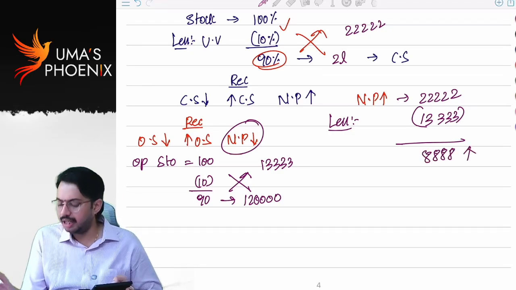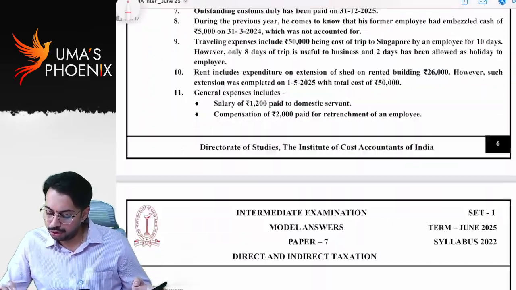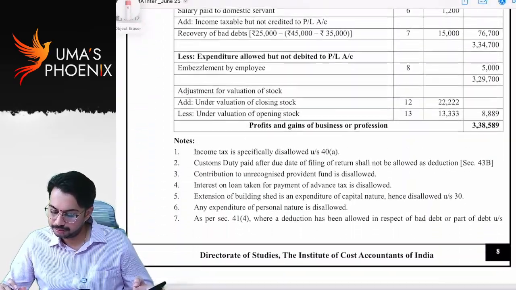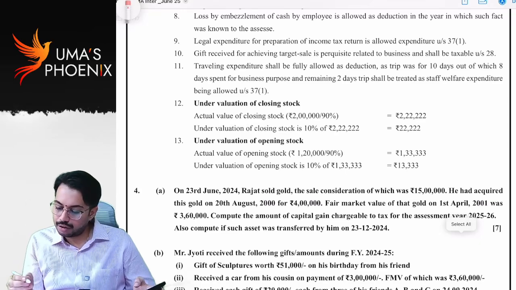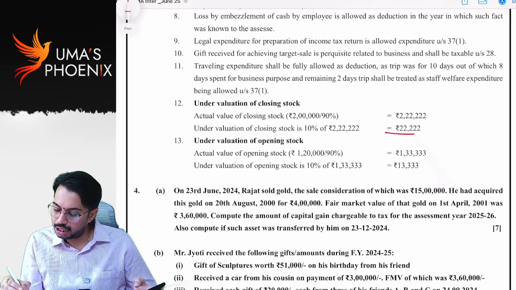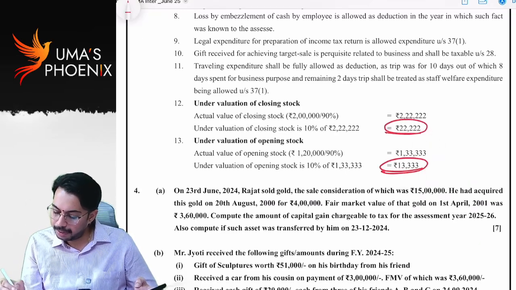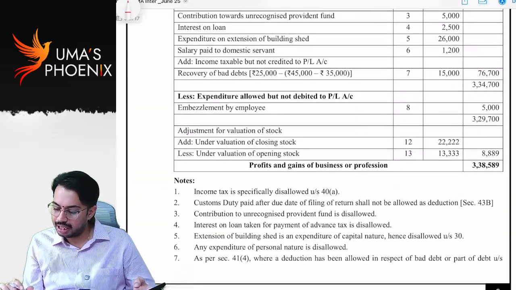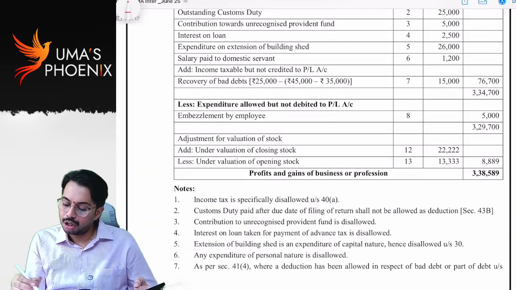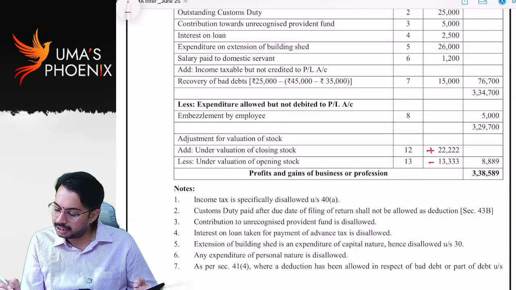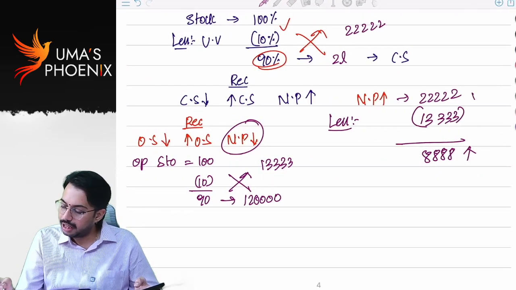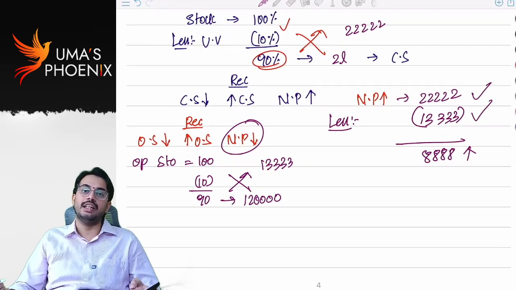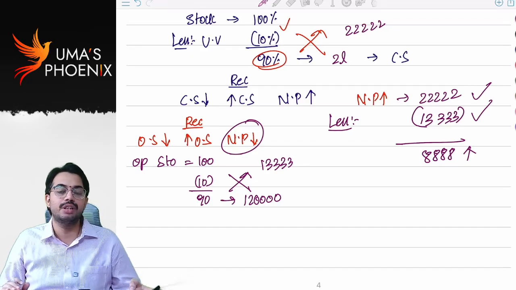It should be increased. Am I correct? You can check the answer as well. So undervaluation of closing stock 22,000. Undervaluation of opening stock 13,333. So closing stock added, opening stock reduced. You can see 22,222, 13,333. I hope now you understood the adjustment.